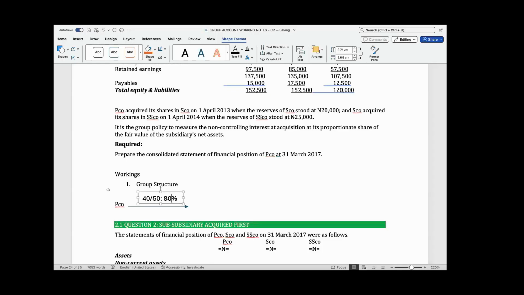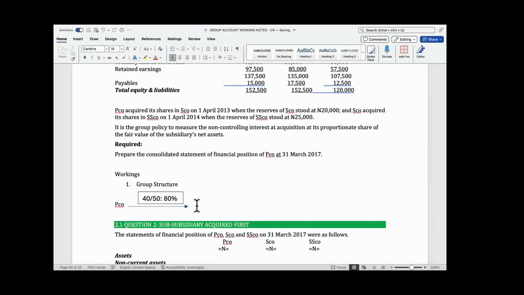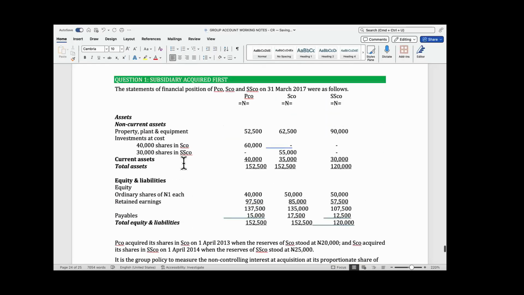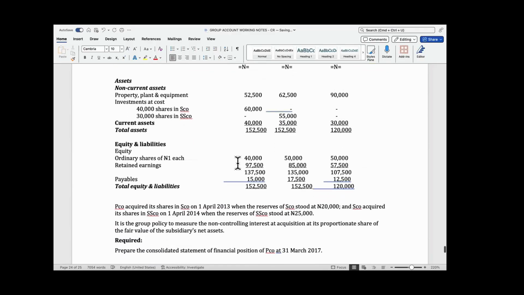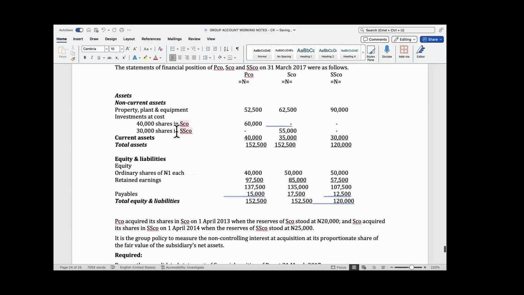So PICO has 80% in ESCO. And I was also told that ESCO also acquired, at least from what I can see here, 30,000 shares in SSCO.